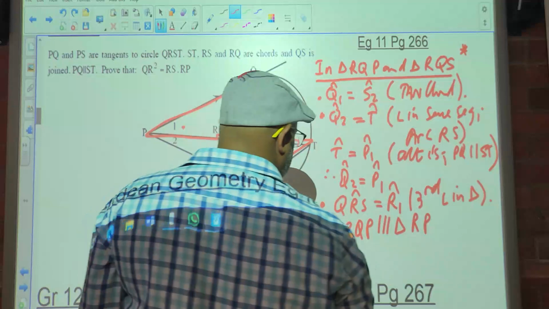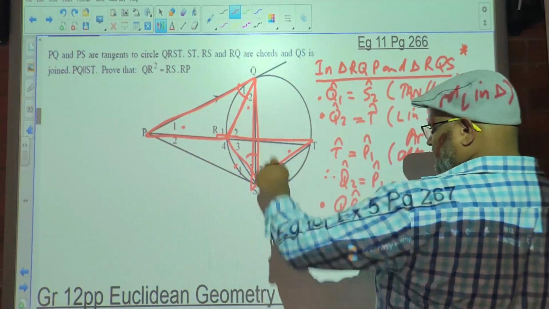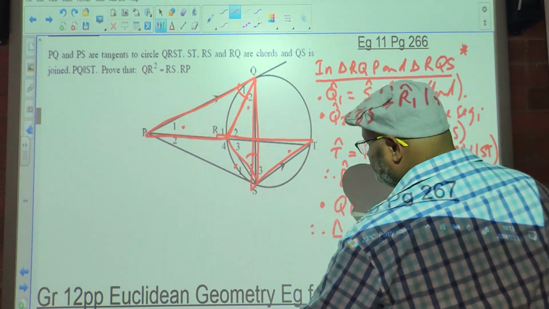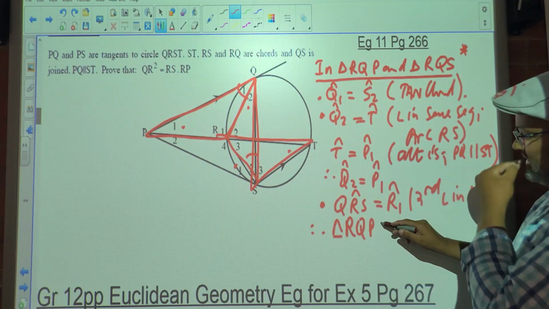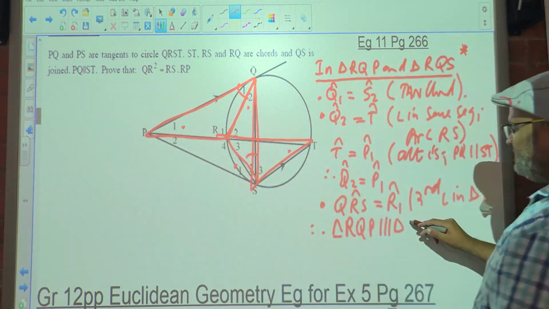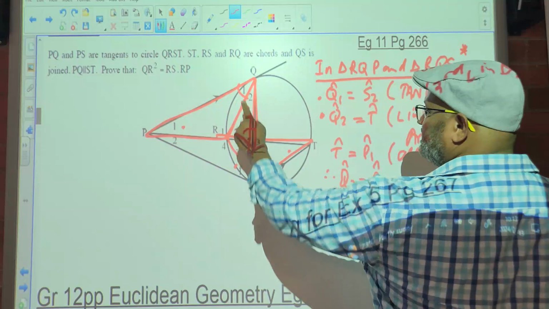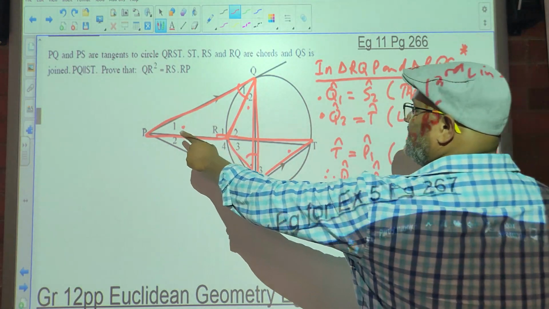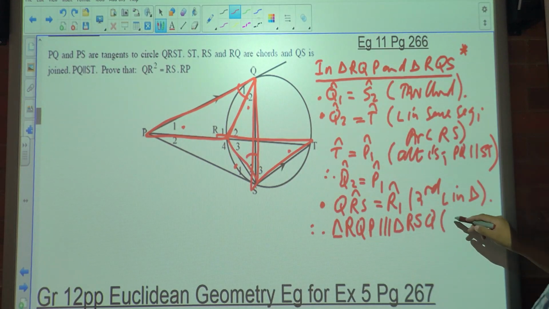Okay. So Q corresponded with, my order is not right. So RQP is similar to triangle. So R was with R. No? And then Q was with S. Here we go. And then P was with Q. Why?